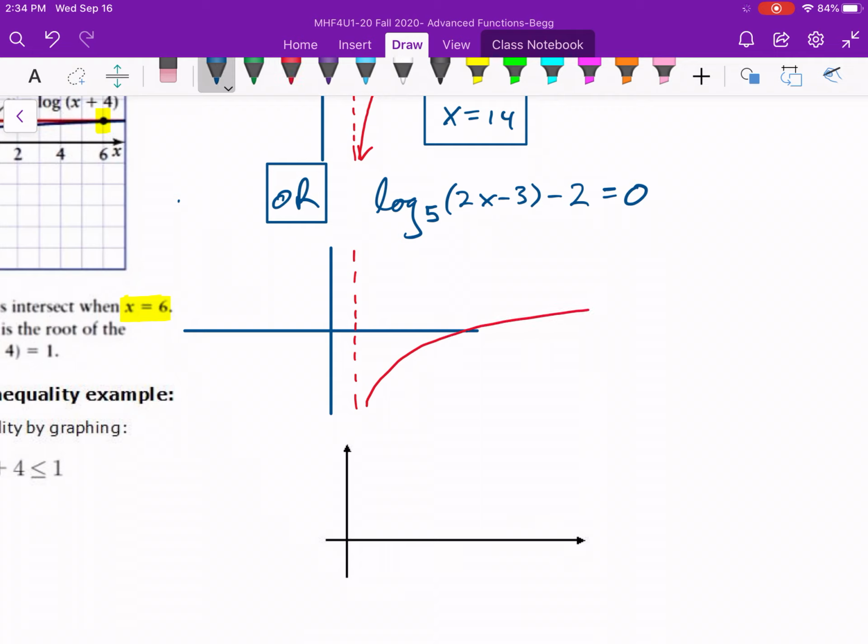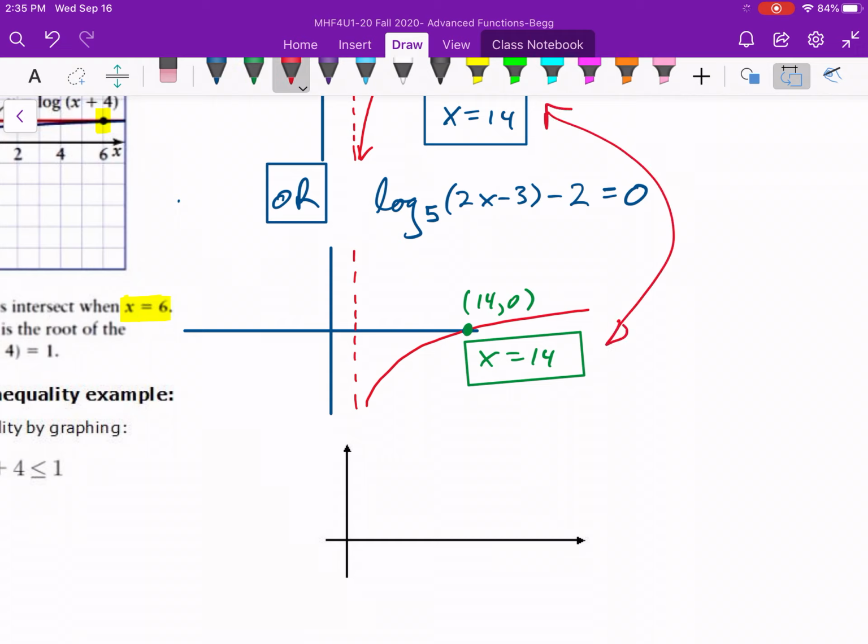And again, I'll just add the scale myself and say that this is the point (14, 0). Since it's just a sketch, but it's where it crosses the x-axis. It's the x-intercept. So either way, either method gets you the same solution. Take your pick in this case.